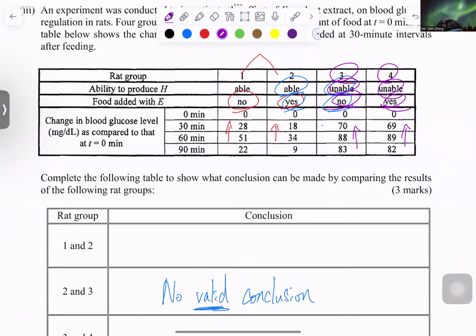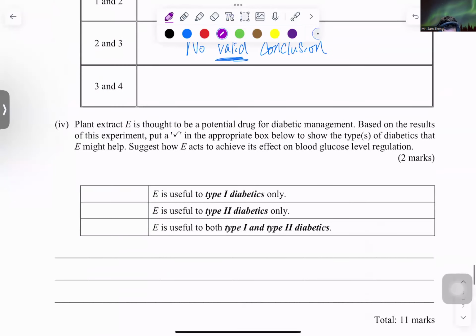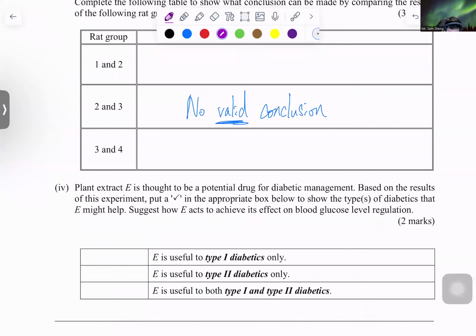Next. Plant extract E is thought to be a potential drug for diabetic management. So based on this experiment, put a tick in the appropriate boxes. Now, type 1, do you still remember what the problem with the blood insulin is?